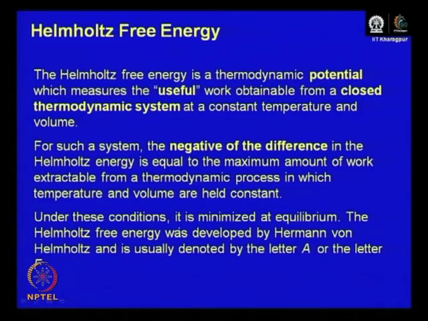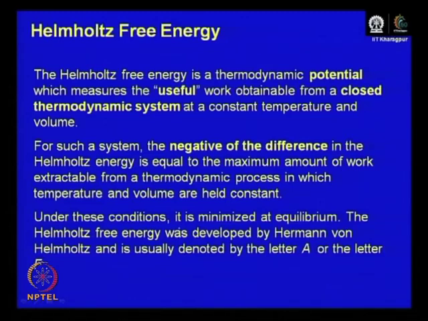For such a system, the negative of the difference in the Helmholtz energy is equal to the maximum amount of work extractable from a thermodynamic process in which temperature and volume are held constant. Under these conditions, it is minimized at equilibrium, and the formulation was first proposed by Hermann von Helmholtz, and it is typically denoted by the letter A or F. This is something that I am sure you have read in your basic thermodynamics.